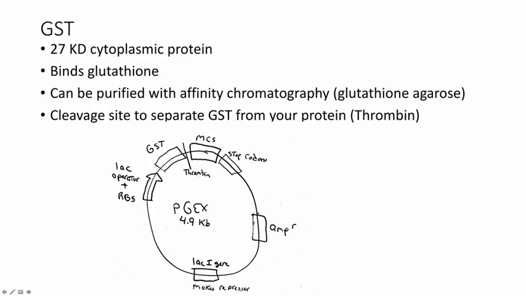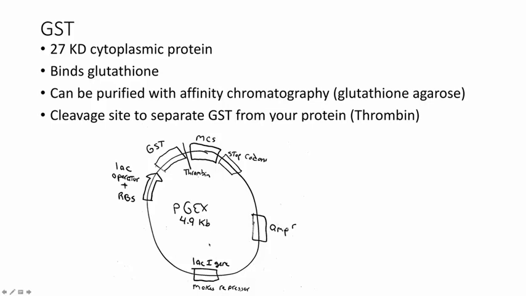PGEX has an ampicillin resistance gene on it, so you would want to make sure that you are growing your bacterial cells containing PGEX in the presence of ampicillin, so that you can make sure that you are maintaining your PGEX in the bacterial cells.